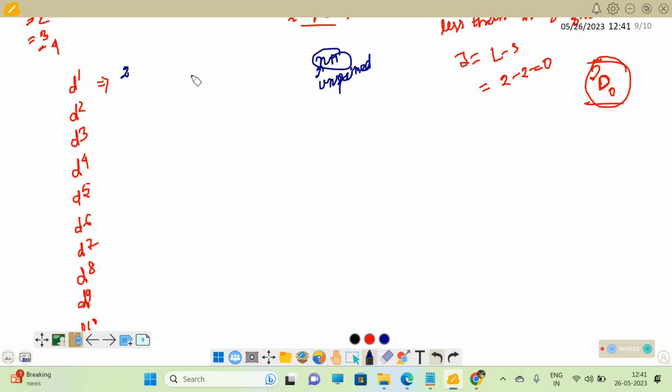So it will be like this: D F F D, then S, again D F F D, again S. So you can see from D1, it is D, F, F, D, D, F, F, D, S. So you have to remember it like this: DFFD, DFFD.